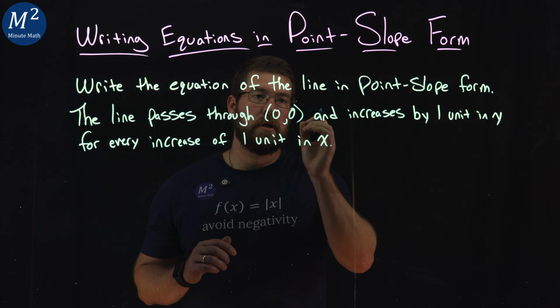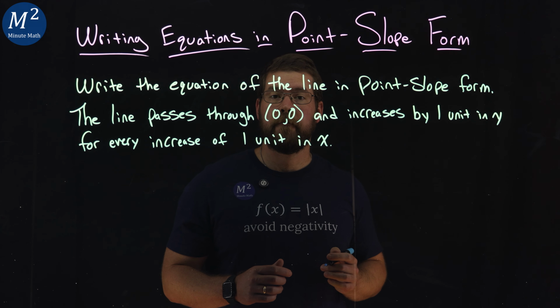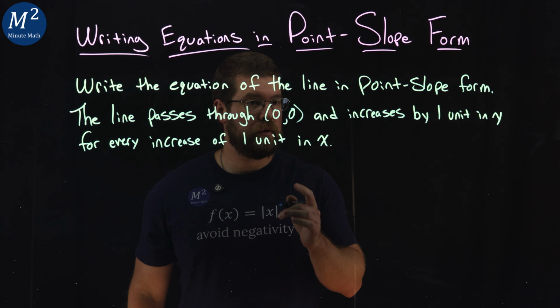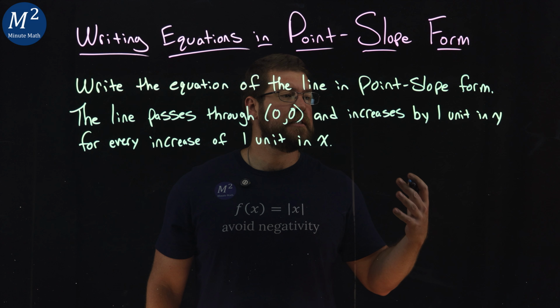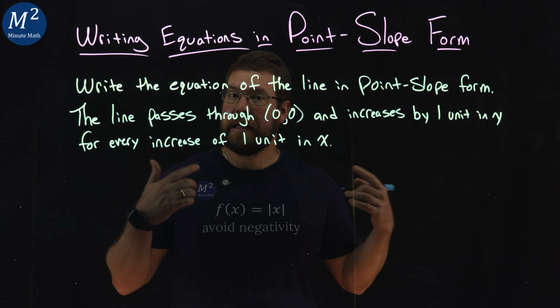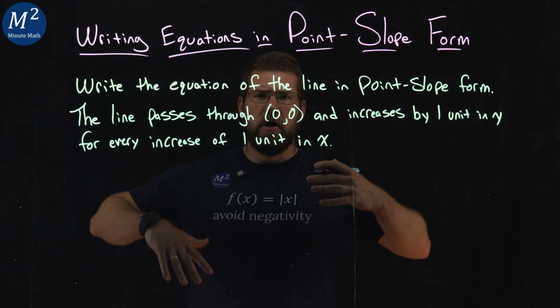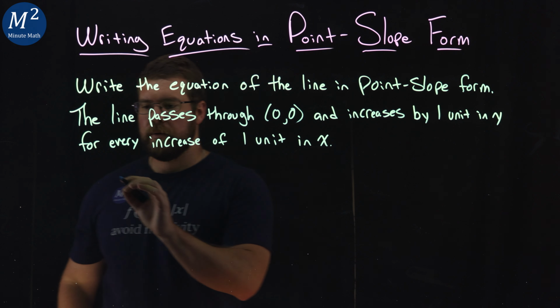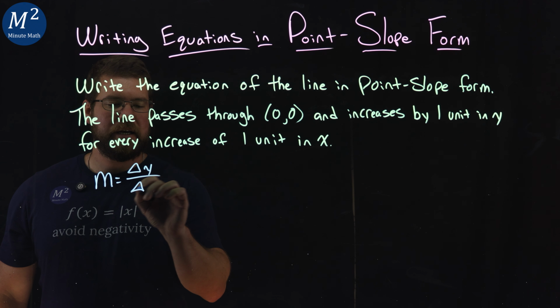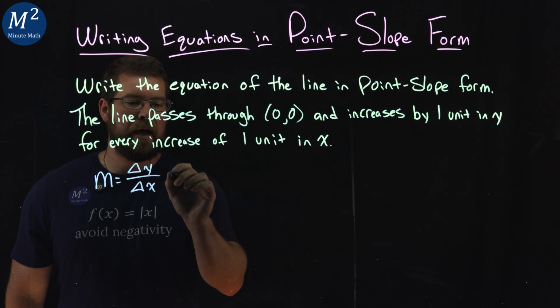Write the equation of the line in point-slope form. The line passes through 0, 0, and increases by 1 unit in y for every increase of 1 unit in x. All right, we first want to get our slope, our m value. That's our change in y over change in x, delta y over delta x.